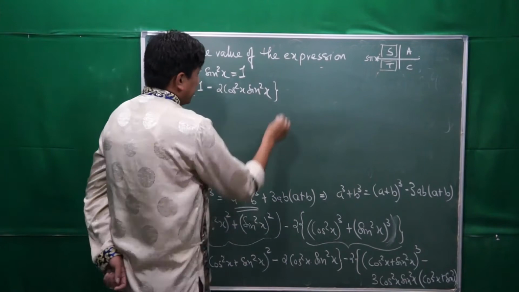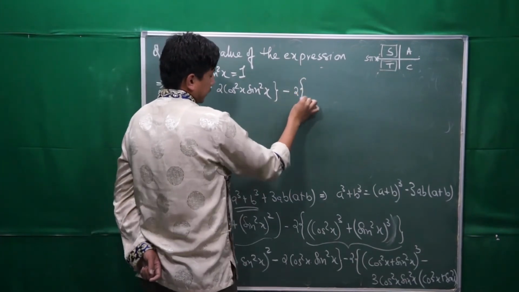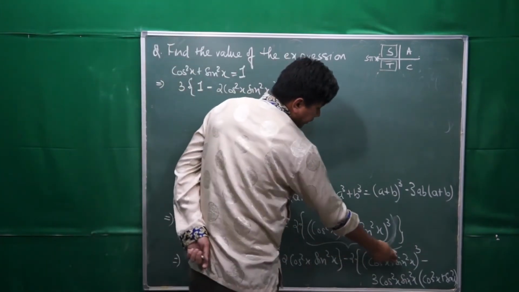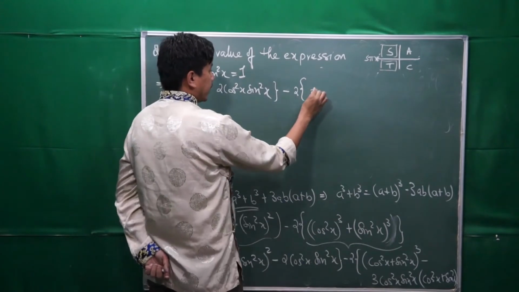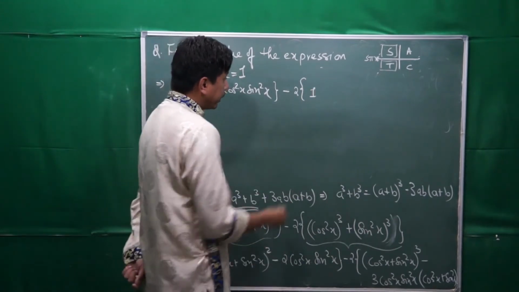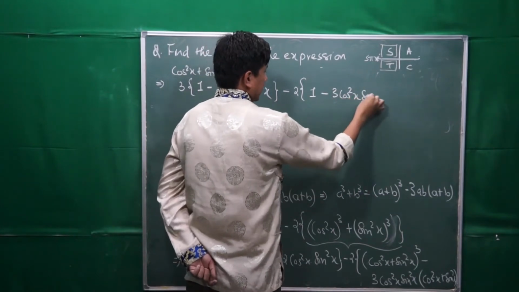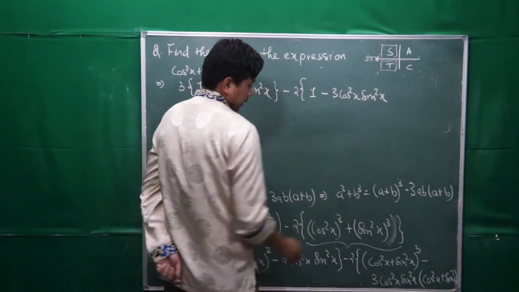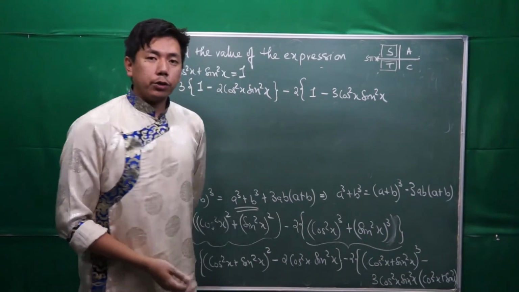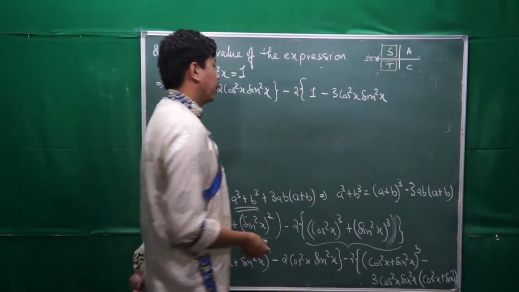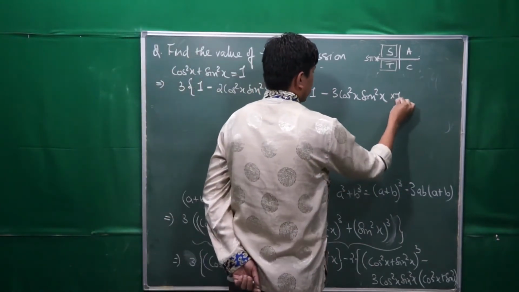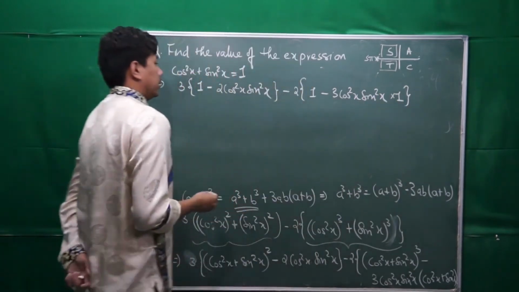Minus 2 bracket open, again cos square x plus sin square x whole cube is 1, 1 cube is 1, minus 3 cos square x sin square x into cos square x plus sin square x is 1, so into 1, bracket closed.